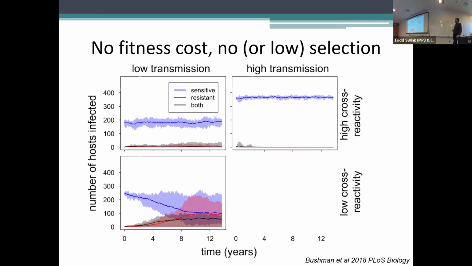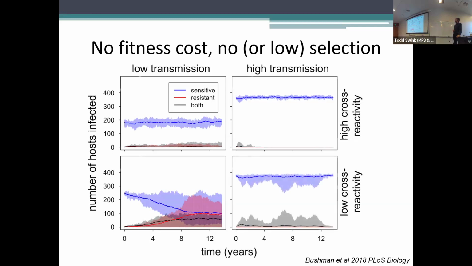Right? So lower competition, there is more chance of the parasite to come in. But with increased transmission, there's more of these mixed infections, and the parasite, again, hardly has any chance of getting in. All right, but this is without drugs, right? So you get a resistant parasite, it doesn't really have a fitness advantage. It doesn't really go anywhere, especially when there is high transmission.